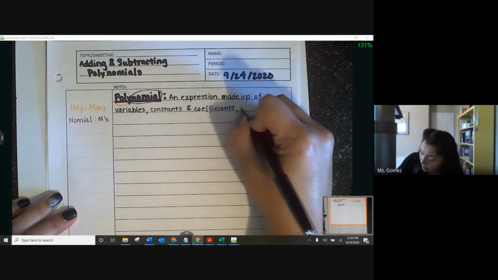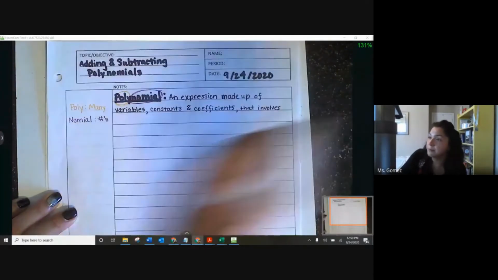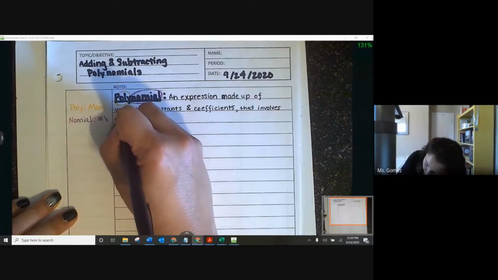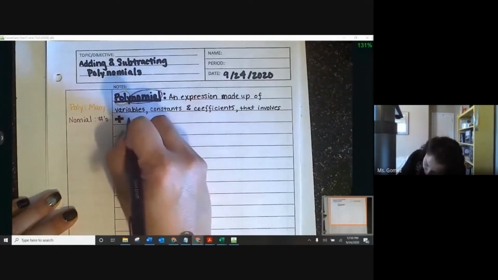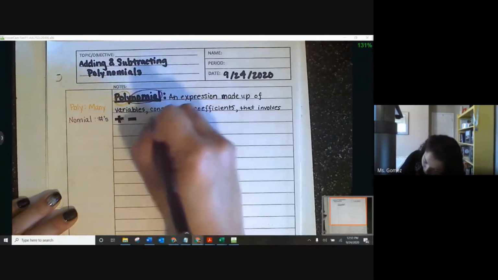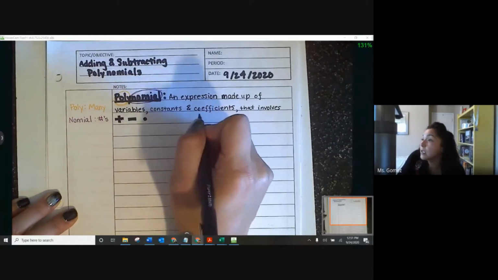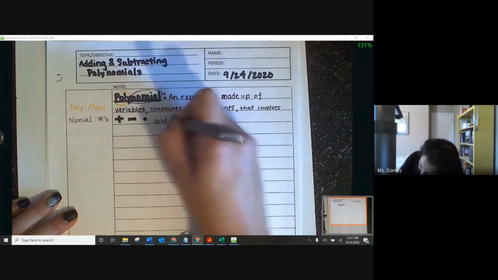Then it says that involves, man, this one is a little bit longer, sorry. I'm just going to put the symbols so that we can shorten this up. Addition, a giant plus sign for y'all. Subtraction. Multiplication. And I think that would be it. Non-negative integers. Oh, and exponents.